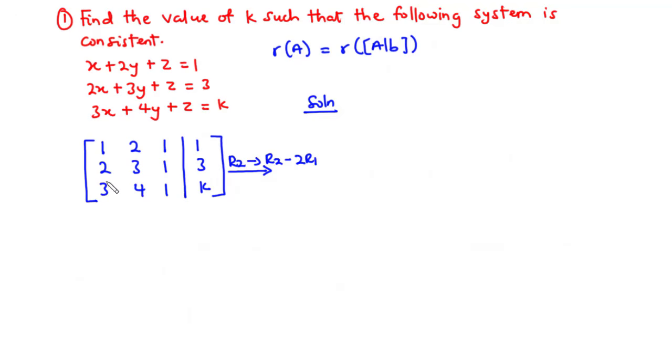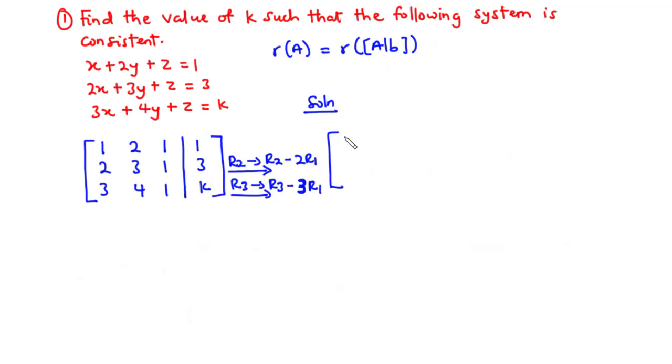Simultaneously, if we want to make this value also go to 0, then we perform the operation on row 3, and the operation is we multiply row 1 by 3 and subtract that from row 3. So that is row 3 minus 3 times row 1.